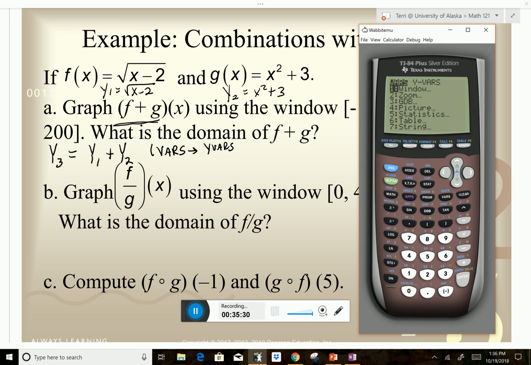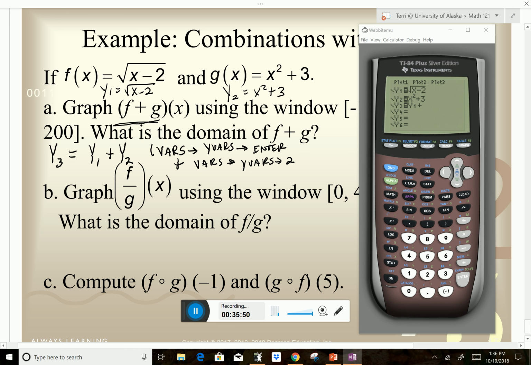So vars, y-vars, function number 1 plus, then I go vars, y-vars 2. I forgot that one step, enter 2, enter 2. So now look, I've got y1 plus y2.